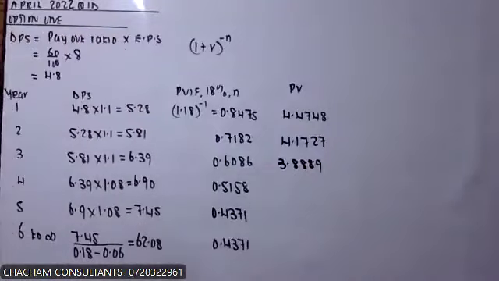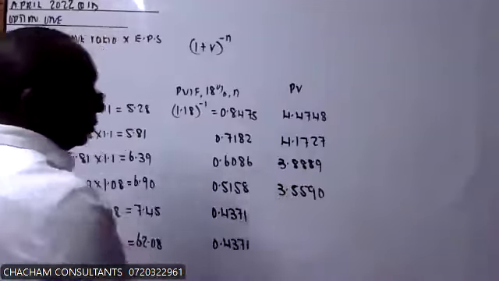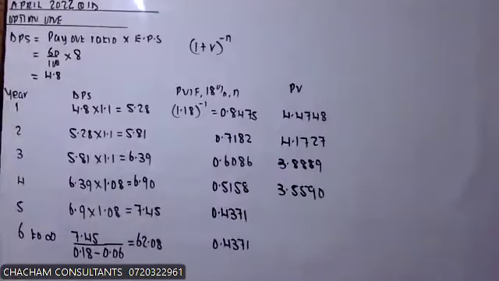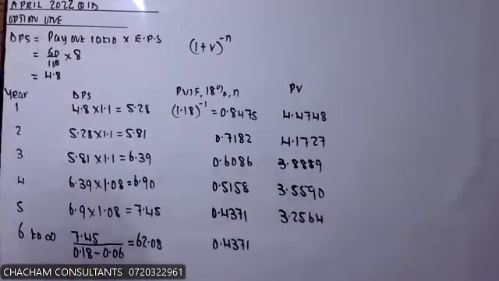Next. 3.8889. Next. 3.559. Next. 3.2564. And the last one.